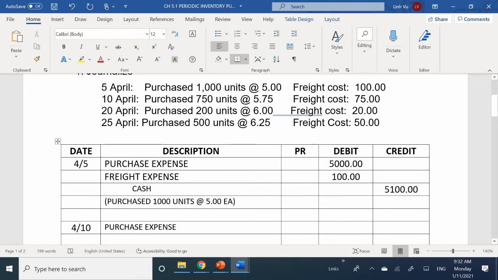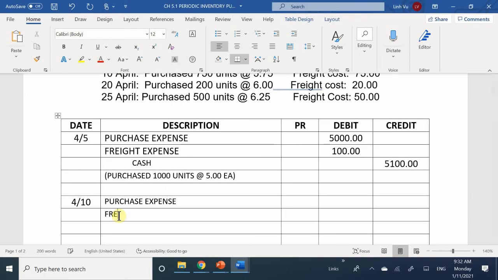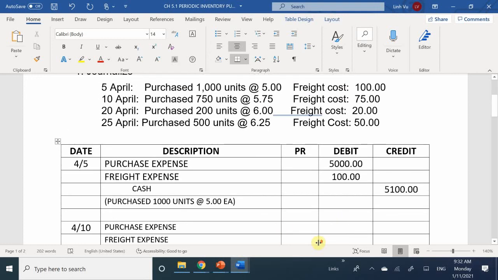Freight expense. Good. And cash. Good. Now, what are my amounts going to be? 750 times 5.75. I don't have a calculator here. Okay. 4,312.5 for the purchase expense.